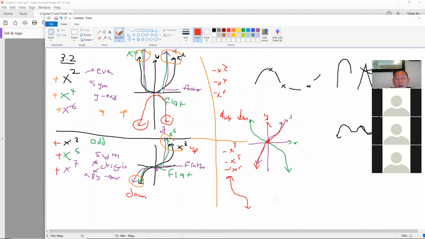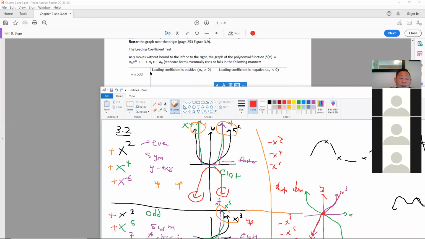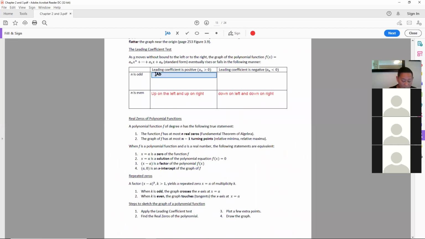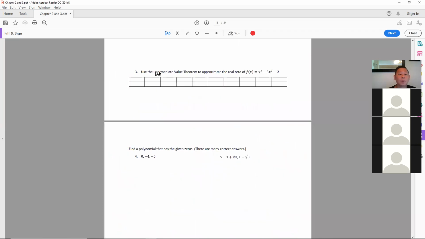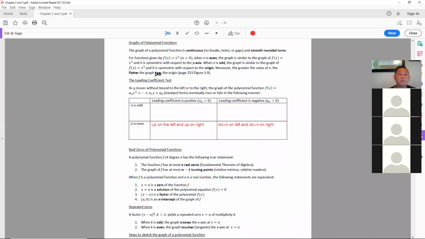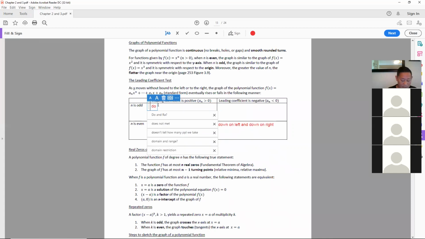So for the leading coefficient when n is odd, when it is positive, you go down on the left and up on the right.